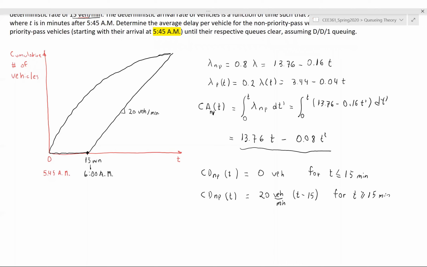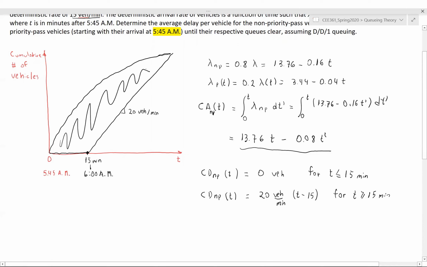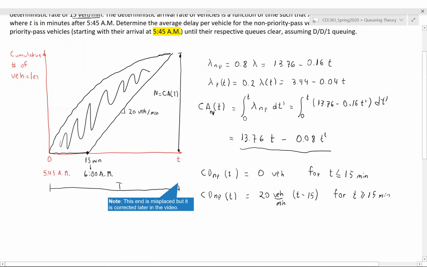Let's remember what the question is. The question was to determine the average delay per vehicle for the two types of vehicles, priority and non-priority. Basically, we need to get this area, which gives us the total delay, and figure out the number of vehicles that were delayed at some point in this system. That would be the cumulative arrivals at a time t, from here to there.